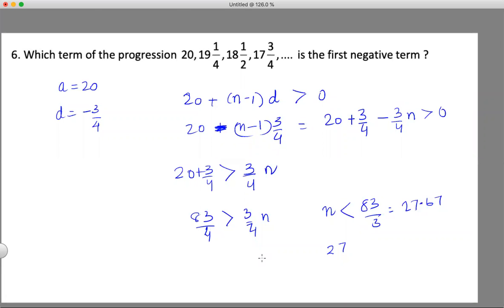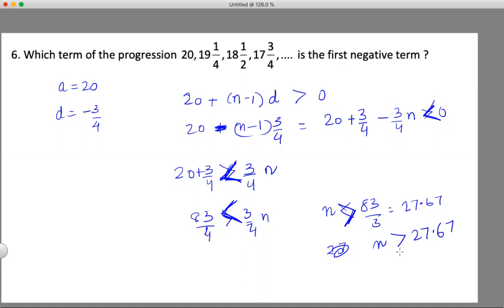So why have we put a negative sign? Where? So 20 minus bracket n minus 1, 3 by 4. In the second line. This one. Okay, we have to find the first negative term actually. I'm sorry. So it has to be less than. We have to find the first negative term, right? So all the signs had to be opposite, right? So then it means n has to be greater than 27.67.